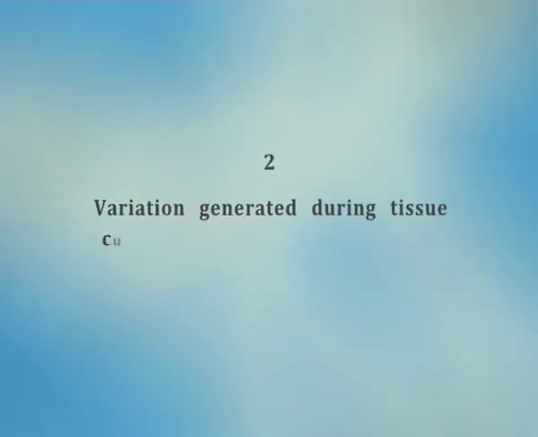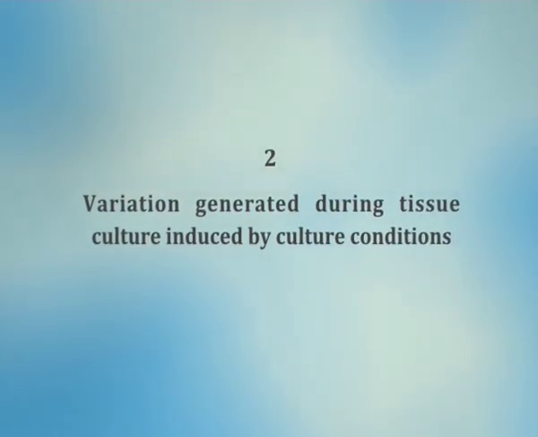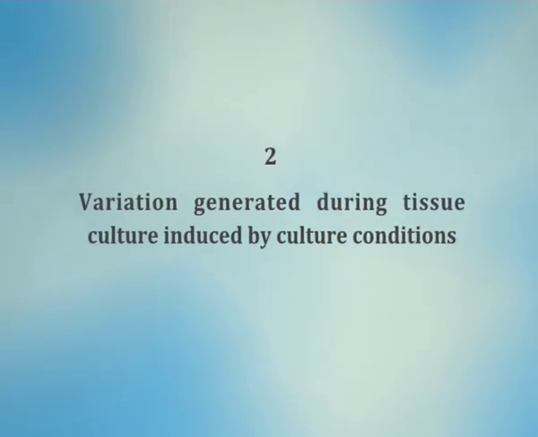However, plants regenerated from non-meristematic explants generally produce genetic variability since the cells in these explants do not divide by normal mitosis but undergo DNA duplication and endoreduplication, and the cells may exhibit changes in chromosome numbers such as aneuploids and polyploids. The second source of variation is variation generated during tissue culture, induced by culture conditions.